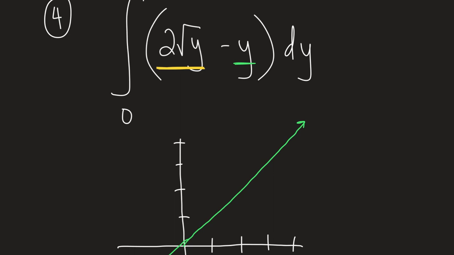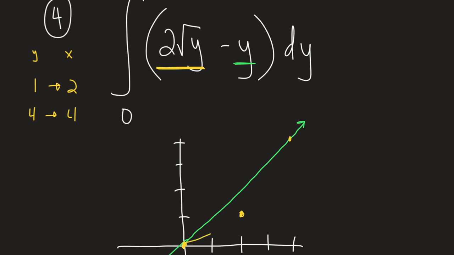Okay, now 2 root y, so if y is 1, the square root of 1 is 1, 1 times 2 is 2. So when y is 1, x is 2. Okay, and of course when y is 0, x is 0. And when y is 4, the square root of 4 is 2. 2 times 2 is 4. So we have the point (4, 4).